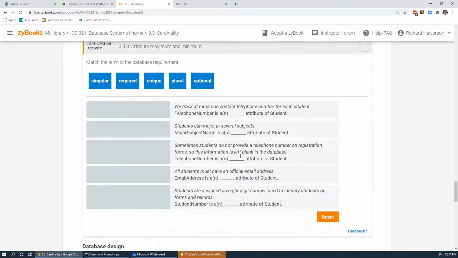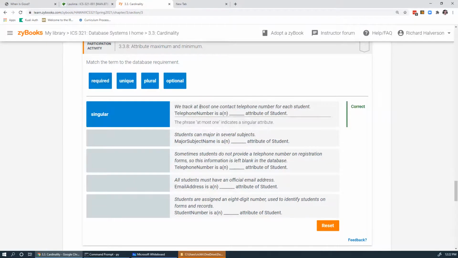Okay, here's a match the term to the database requirement. We track at most 1 contact number for each student. Telephone number is at most. Let's see, is it singular?